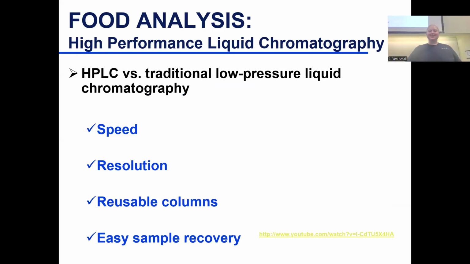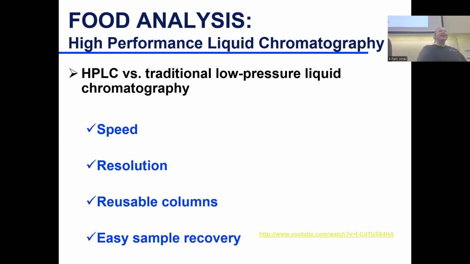So HPLC versus traditional low pressure liquid chromatography. What do you guys think? Do you think HPLC has better speed or traditional low pressure chromatography?